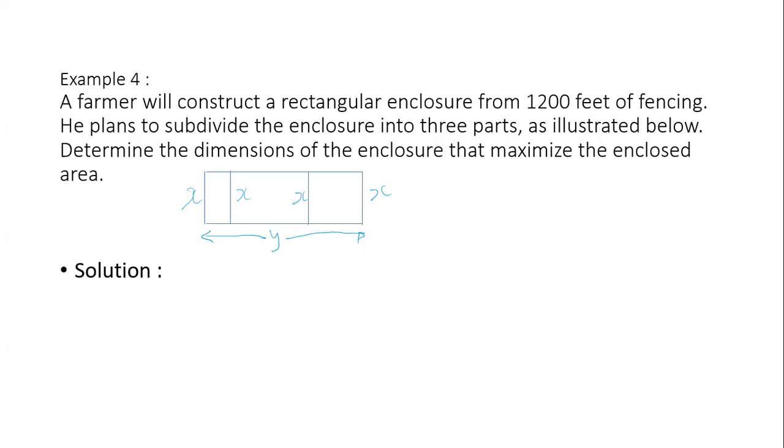Now, construct a rectangular enclosure from 1200 feet of fencing. How long is the fencing? It is 1200 feet, in 3 parts. This figure is given.